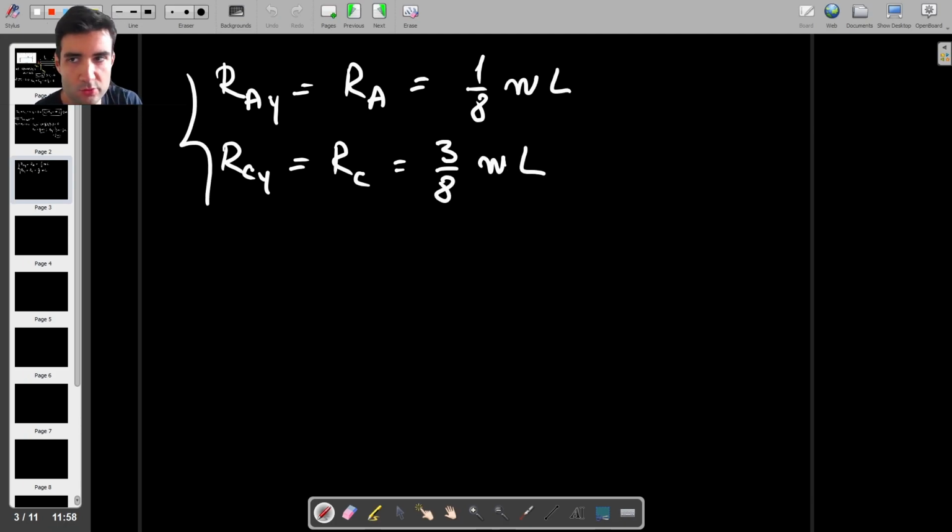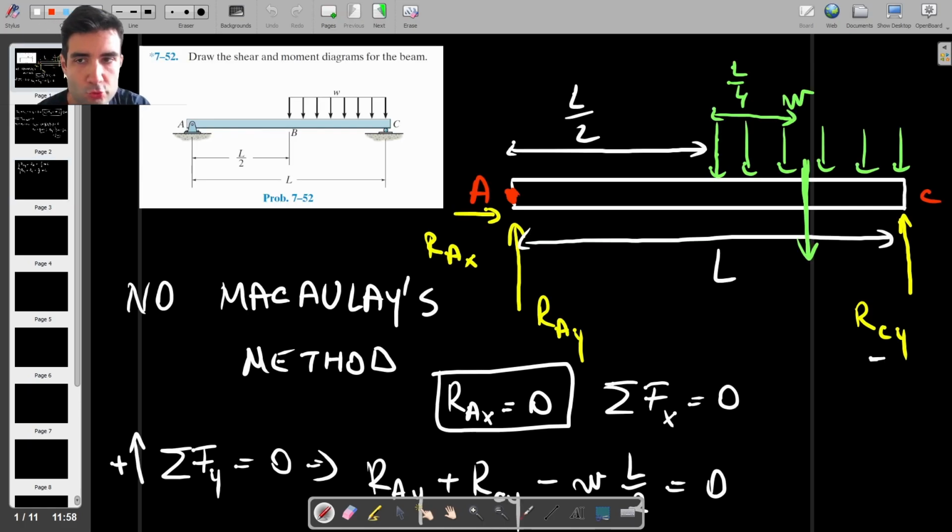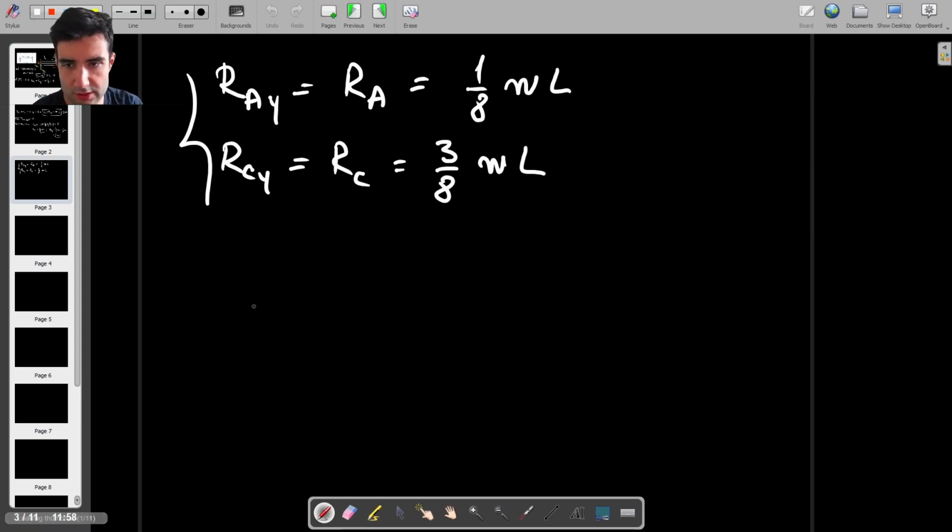The first thing I would do at this point is to look at what happens on the left hand side. So I would split the beam in two, and the first part of the beam that I shall look at is the left hand side. And to do that, I will consider an arbitrary distance from the left hand side of the beam.